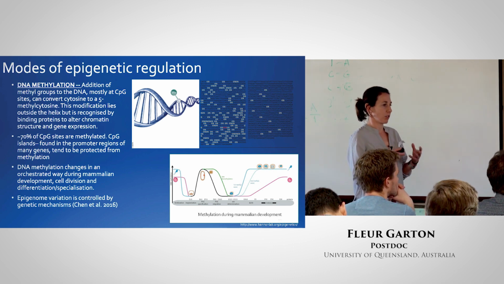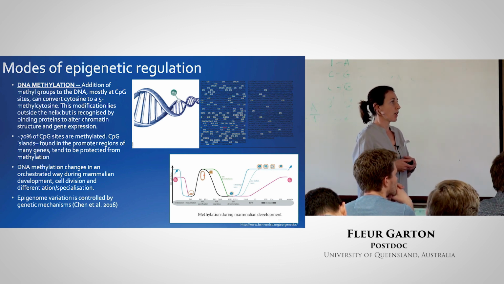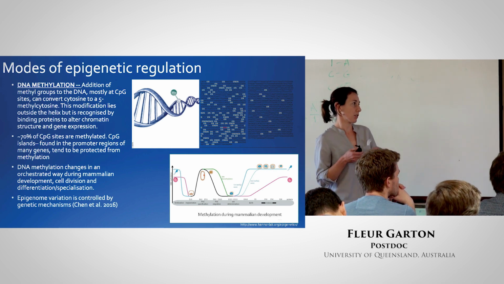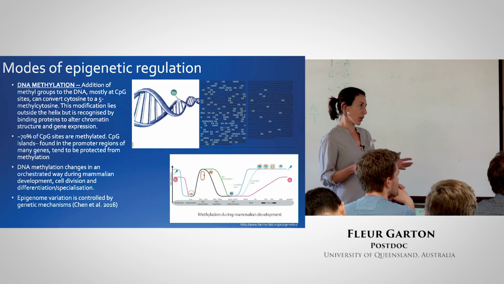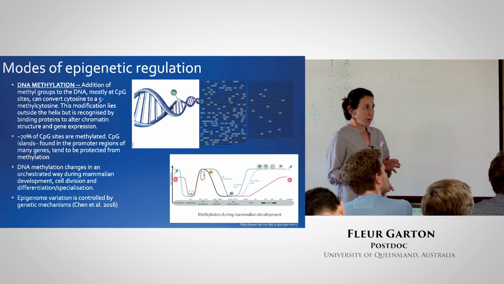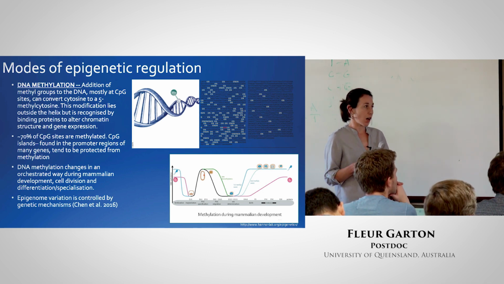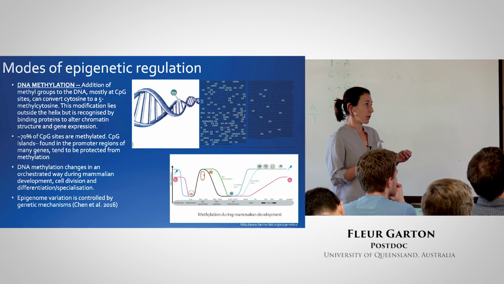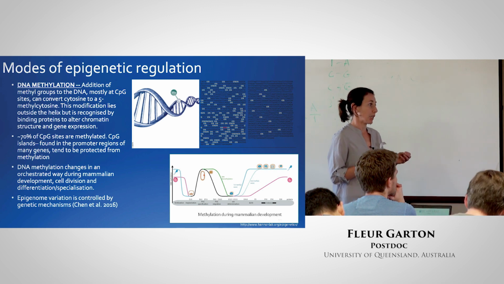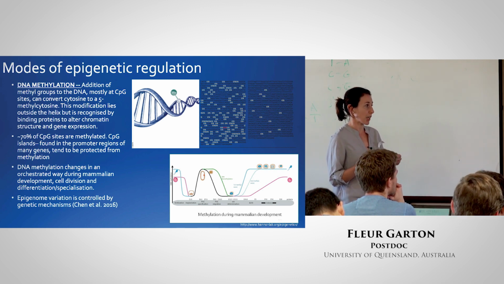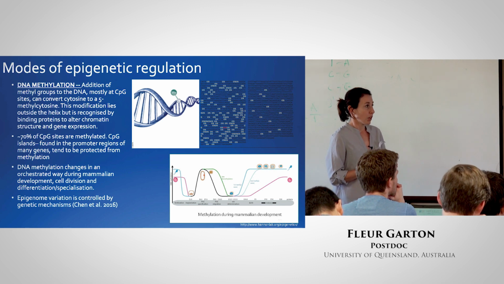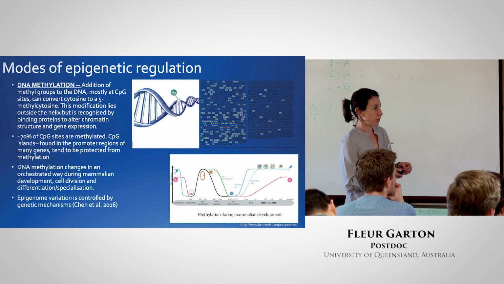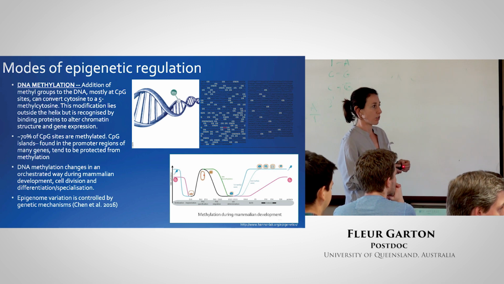The modification, as I've mentioned, is outside the helix, but it's recognized by binding proteins to actually alter the chromatin structure and gene expression. So 70% of CpG sites are methylated, so they're a good indicator of regions of the DNA that will be changing in response to methylation. And these CpG sites are found in the promoter regions of many genes, but these tend to be protected from methylation. So this is a picture of CpG sites in the genome.